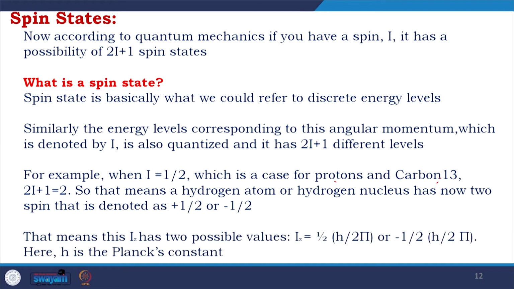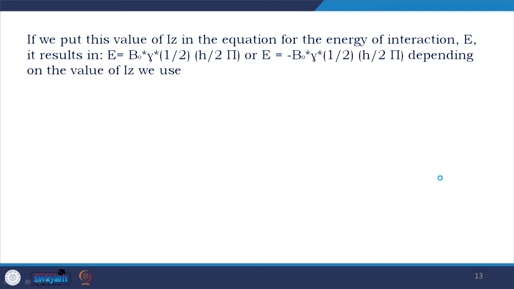That means this Iz has two possible values, Iz equals half h by 2 pi or minus half h by 2 pi, where h is Planck's constant. Now, if we put this value of Iz in the equation for the energy of interaction E, it results in E equals minus B0 gamma half h by 2 pi or plus B0 gamma half h by 2 pi, depending on the value of Iz we use.